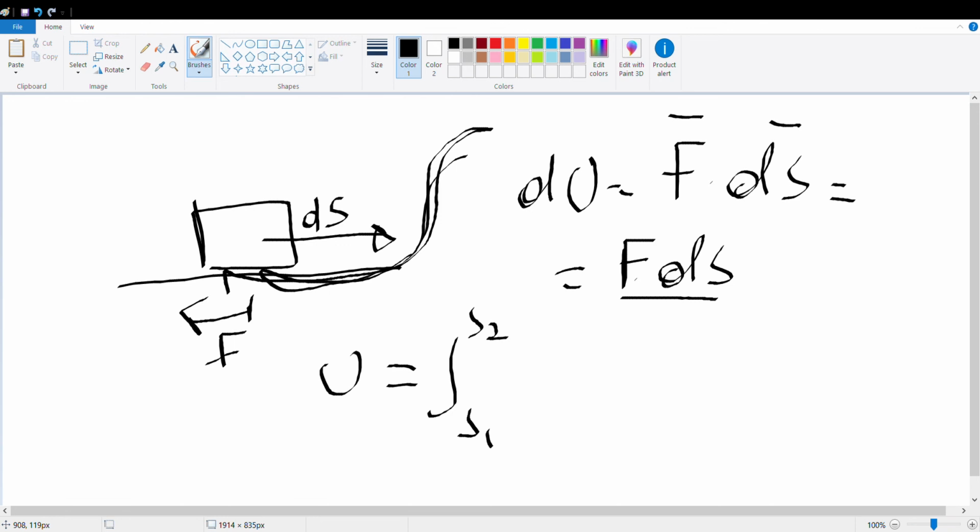Just think of sliding a box on the ground. You're going to do more work if you take a longer path rather than taking a shorter path. And it's not like a box going up and down, where the moment it goes down, the box is doing work towards you. In the case of sliding a box, you are always going to do the work, no matter what path you take. So it is not a conservative force.